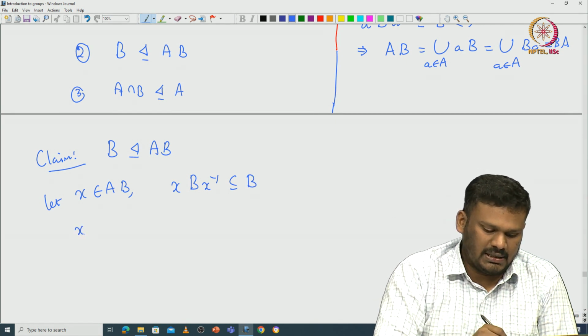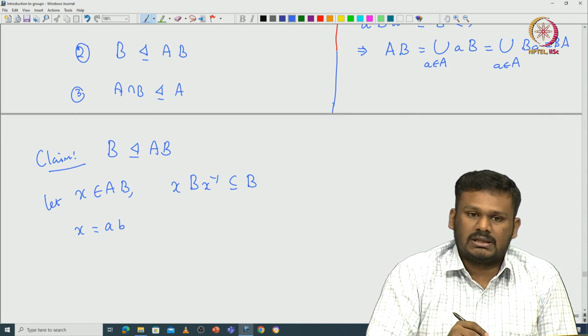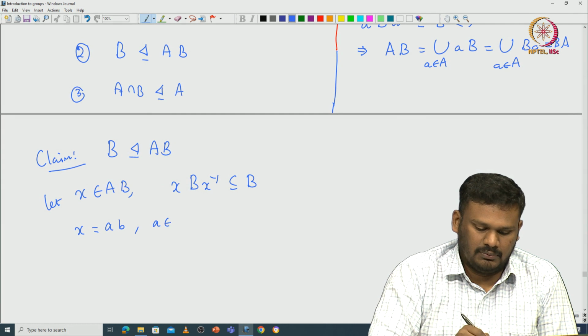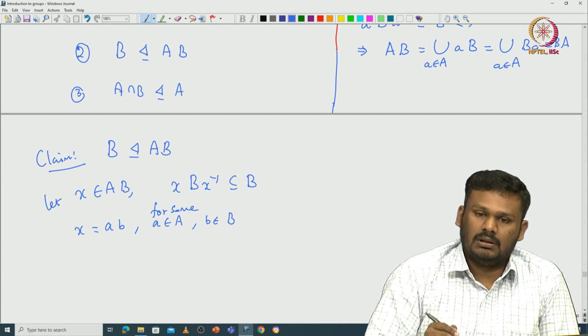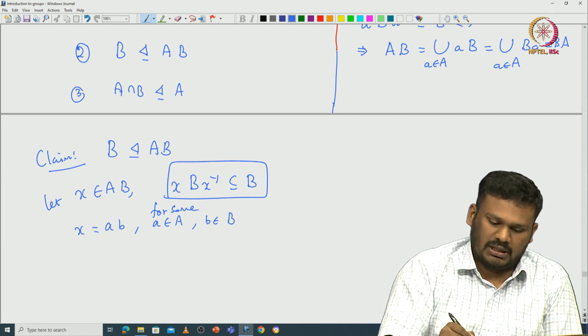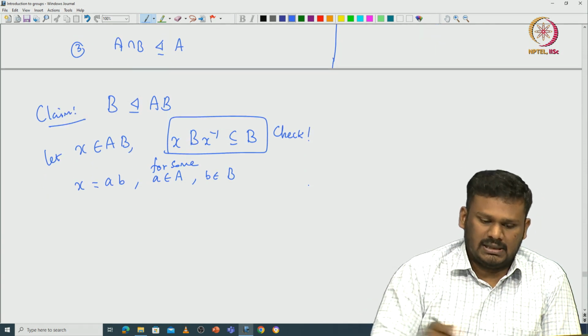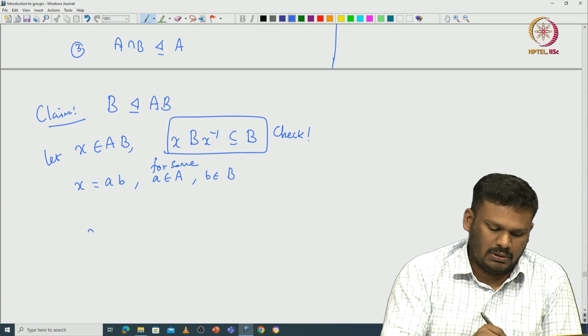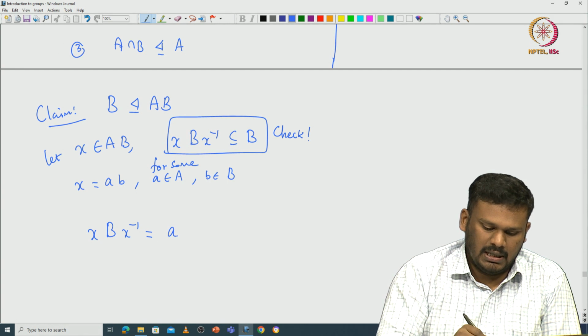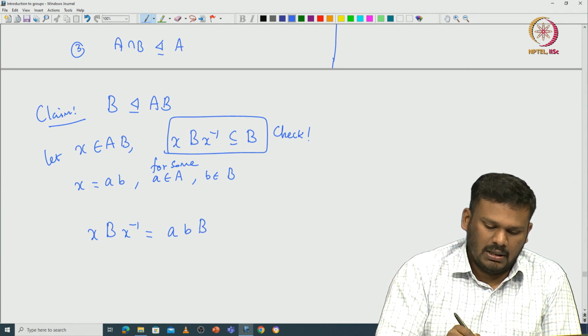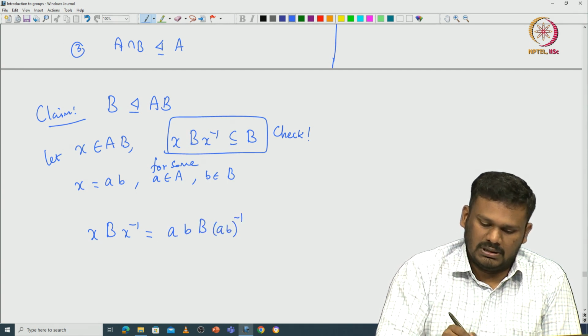Given x, there will be some small a and some small b such that x equals ab, for some a in capital A and b in capital B. So this is what we need to check. How do we check this? Let us blindly compute xBx inverse, which is equal to ab B (ab) inverse. What is it?